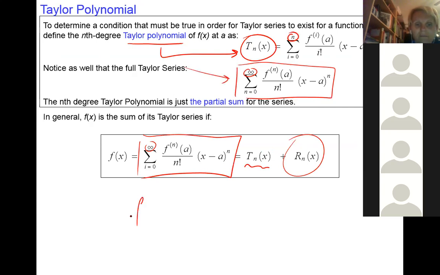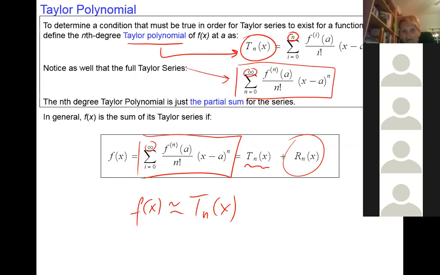That means approximating a function by a Taylor polynomial of degree n, we always have a little bit of error, okay? Which of course will be the remainder. Hopefully we will try to evaluate this remainder like we did in the alternating series test. But we can see the partial sum and the remainder.